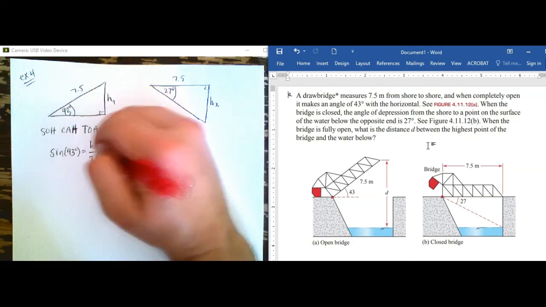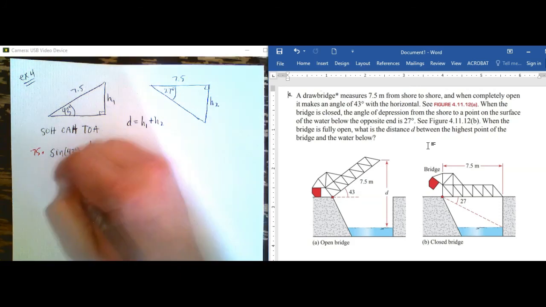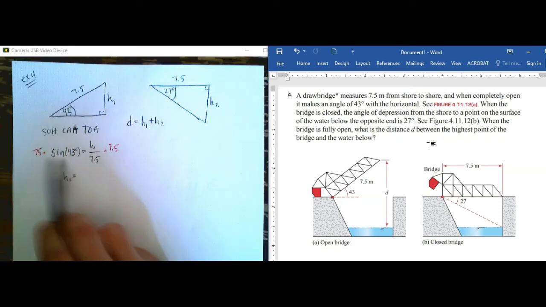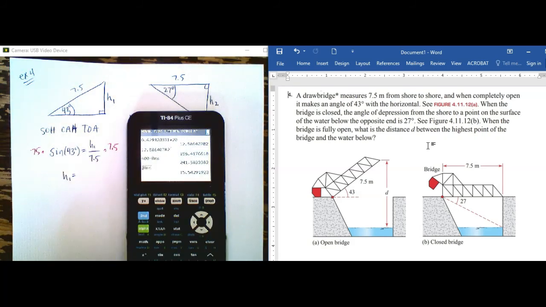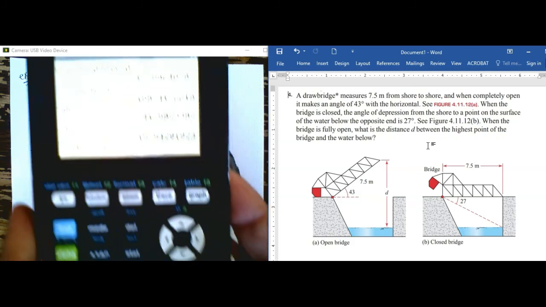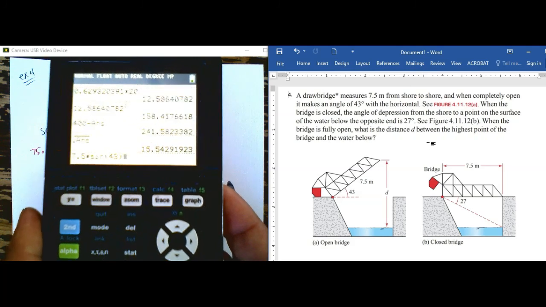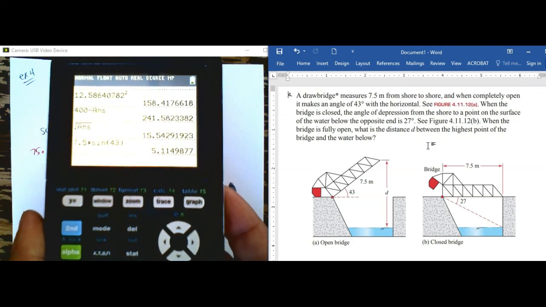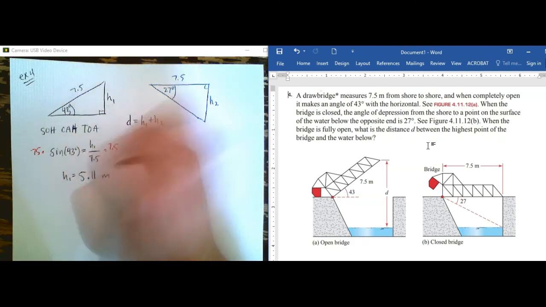We can just multiply both sides by 7.5 and then we have h1. So h1 equals this product here. We can do that all in the calculator at one time. 7.5 times the sine of 43 is 5.11 meters.